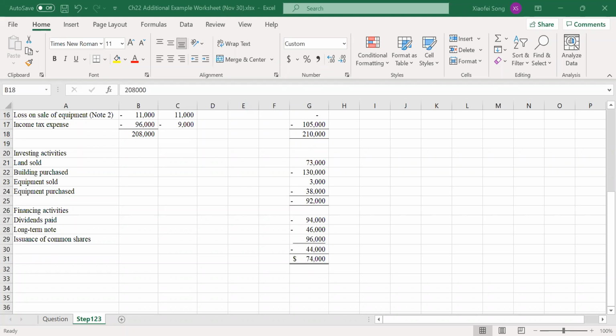Yeah, so this is the indirect method. I started with net income and then made all those adjustments, as I said, but I could have organized it in sections.